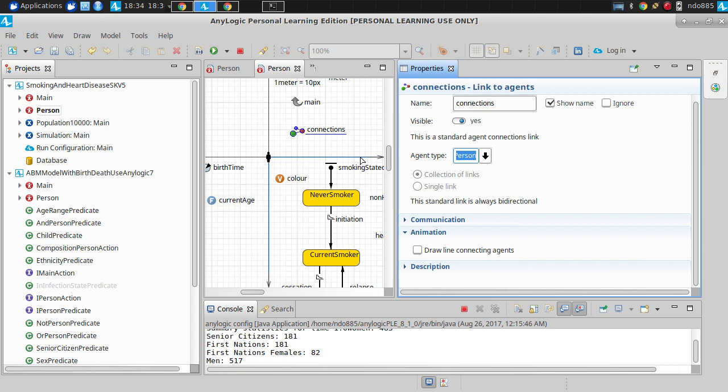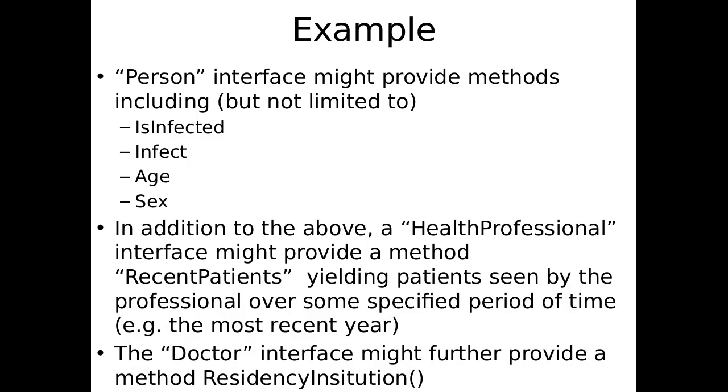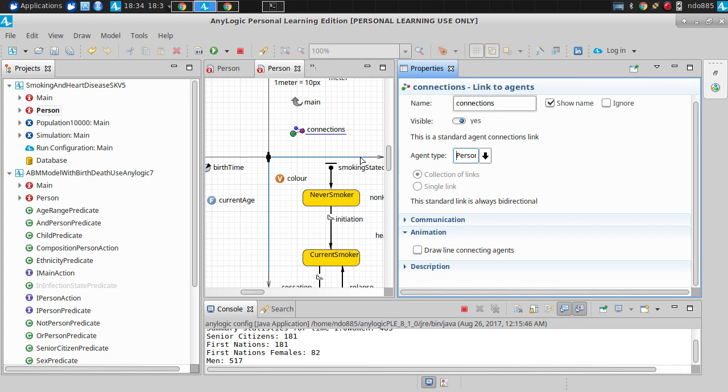This is my pup. I want to send it a message saying, go outside, come here, go fetch. So we do have times where a person wants to deal with any sort of agent, or other times where it wants to deal with a particular type of agent.